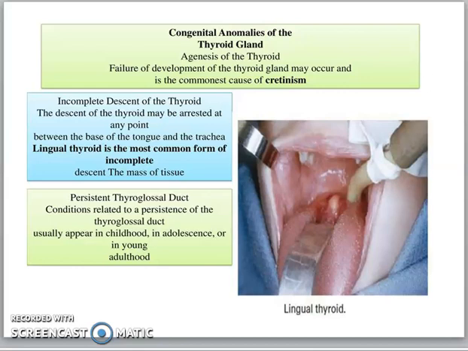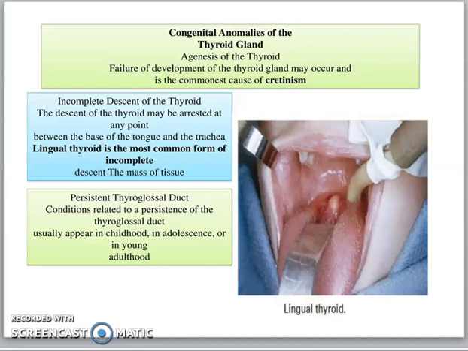Now, let's look at the congenital anomalies of the thyroid gland. One of these is agenesis, absence or failure of development of the thyroid gland. During development, there could be incomplete descent of the thyroid gland, where it refuses to descend, maybe arrested during development.